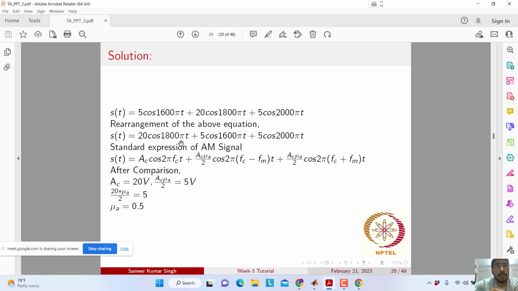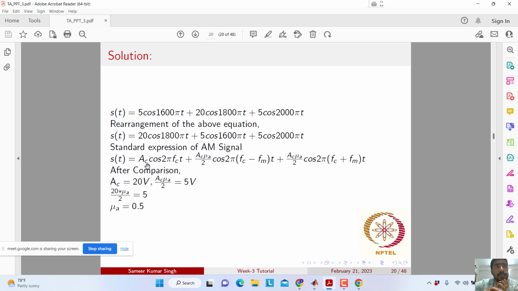From there, we consider the higher carrier frequency at 1800 pi t. That is FC, and our FM will be 200. FC minus FM becomes 1600, and FC plus FM becomes 2000. So from both, we can compare these equations.